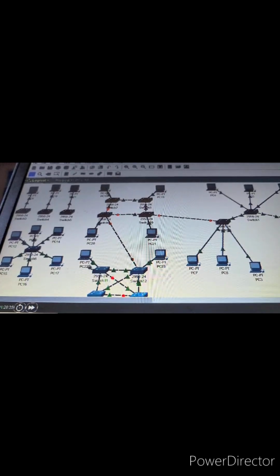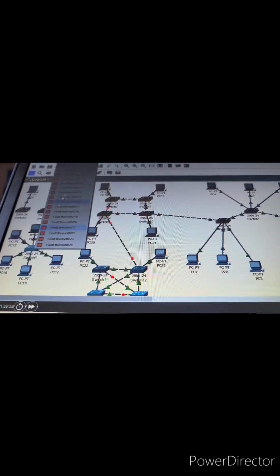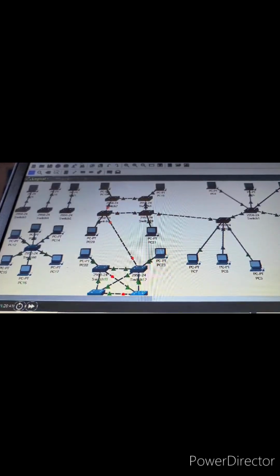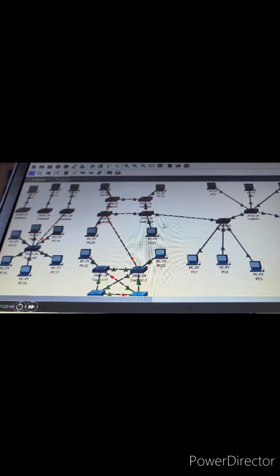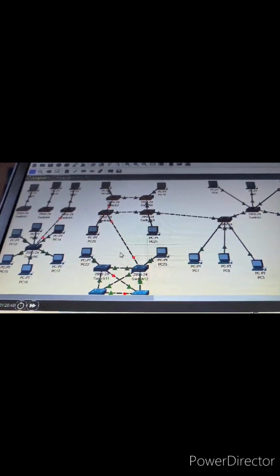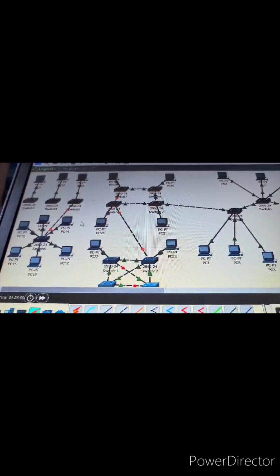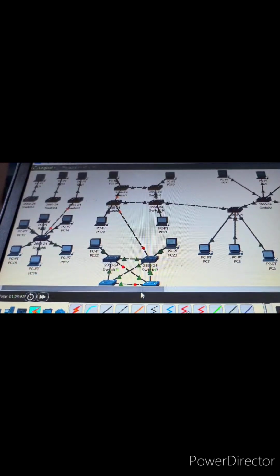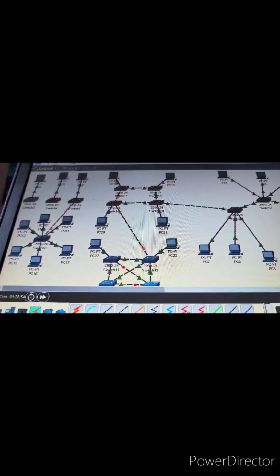So from this star topology, I want to connect to the bus topology. As you can see, it's already green. It takes a minute, and they said two or more. So maybe we try to connect also the bus going to the star.